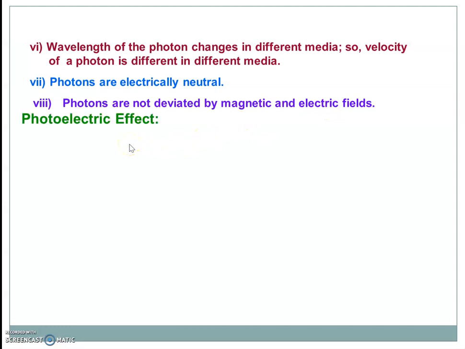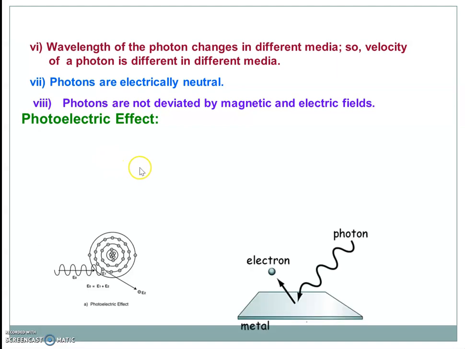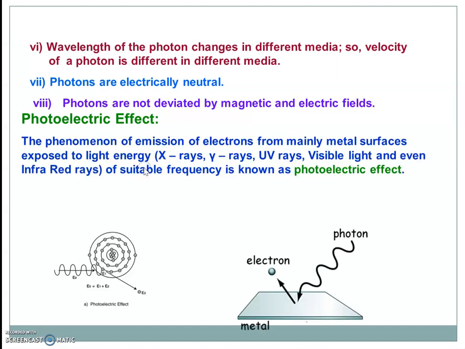Now move to photoelectric effect. Photoelectric effect means emission of electrons from mainly metal surface or surface of substance.